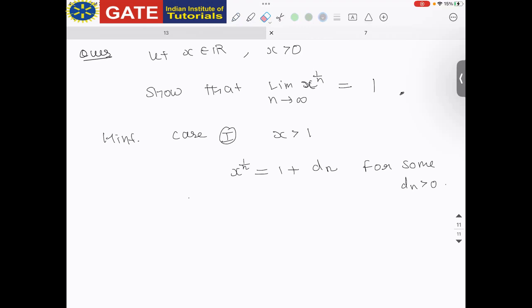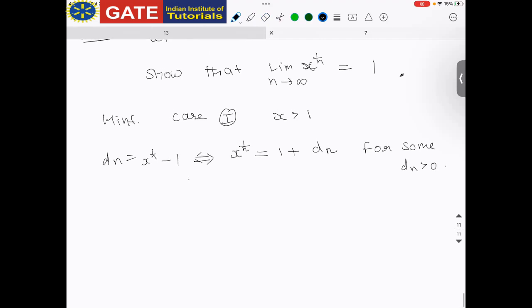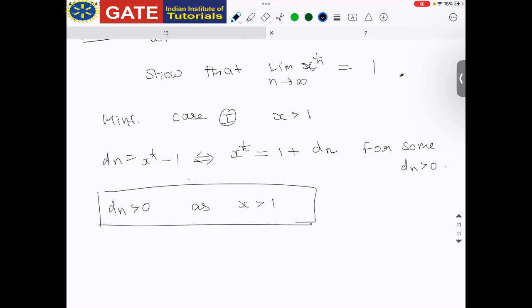You take dn to be x raised to the power 1 by n minus 1. Now dn is greater than 0 because x raised to the power 1 by n will be greater than 1 as x is greater than 1. You have to use this, and you have to use Bernoulli inequality.